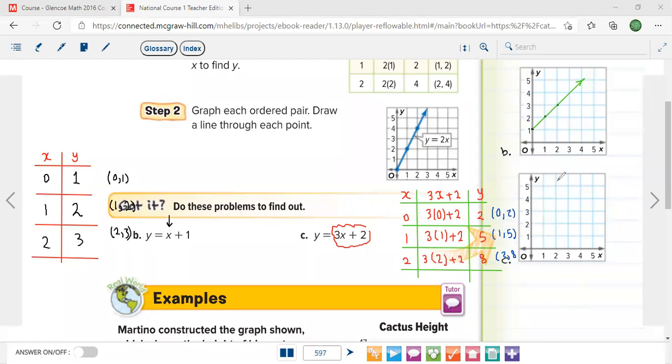We couldn't reach 2 and 8, so no problem, because anyway we are going to extend the line, so no need to graph it. It is a line already, so we can take it from here and we extend the line this way.